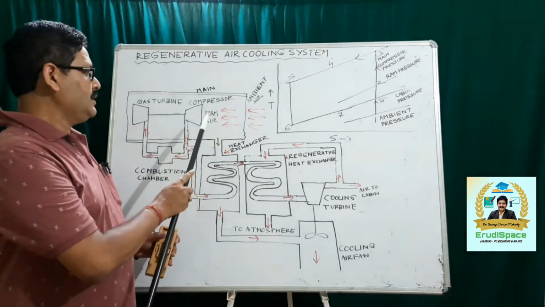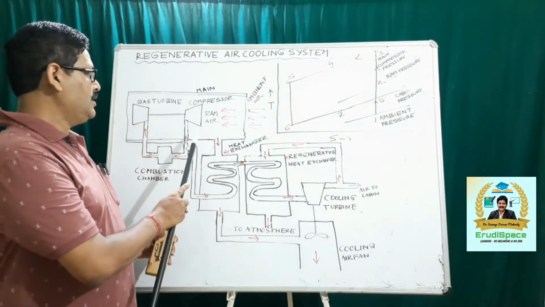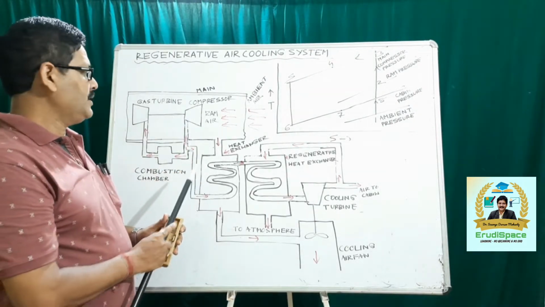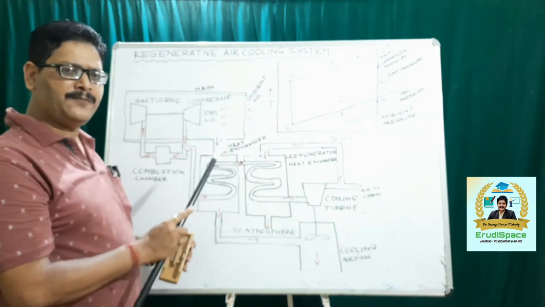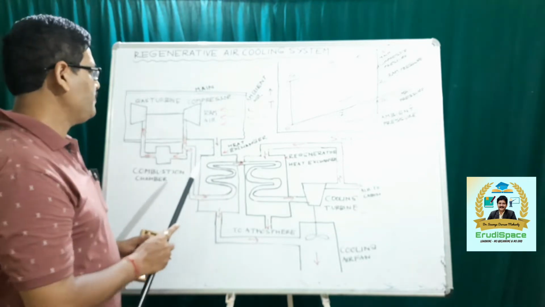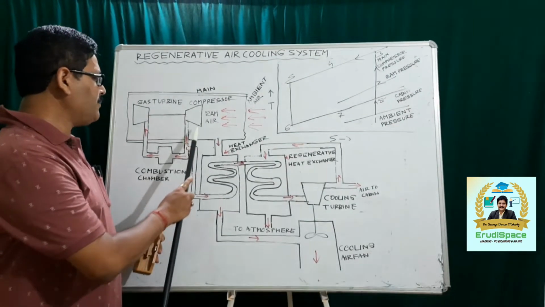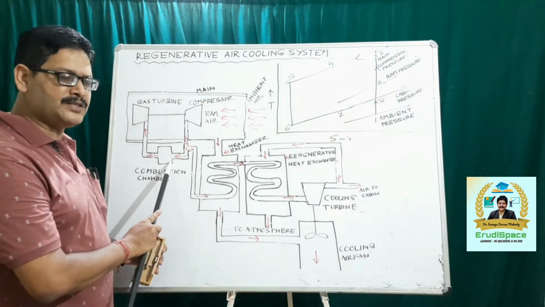Then this ram air is made to pass through a compressor. Compressor actually compresses the ram air further, and there is significant increase in its pressure and temperature. Out of the total compressed air, a major portion is taken to the combustion chamber.